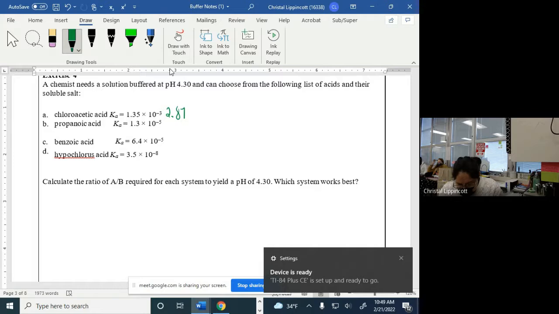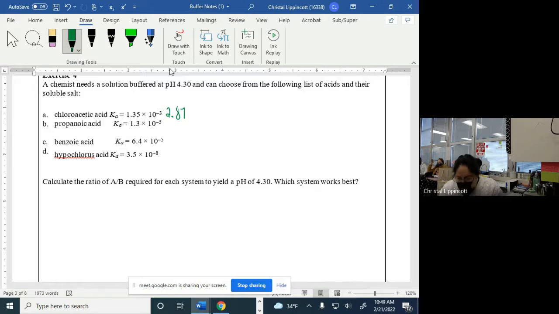Negative log gives me the pKa, and I'm trying to find a pKa that is close to my pH. So this one ends up being 4.87.